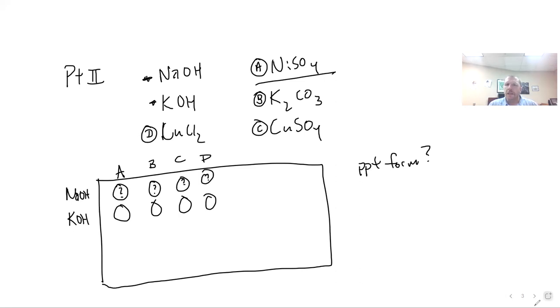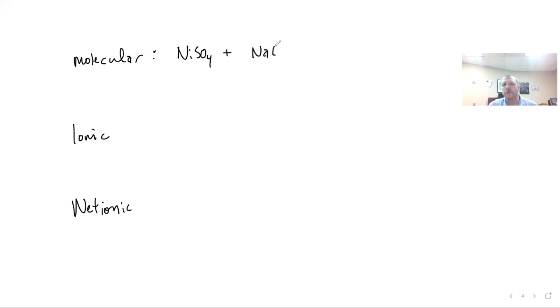Okay, so let's say hypothetically that nickel sulfate and sodium hydroxide are mixed together. Now, we are looking at our molecular reaction. NiSO4 plus NaOH. What's that going to yield? Well, this is a great example of a double displacement reaction.